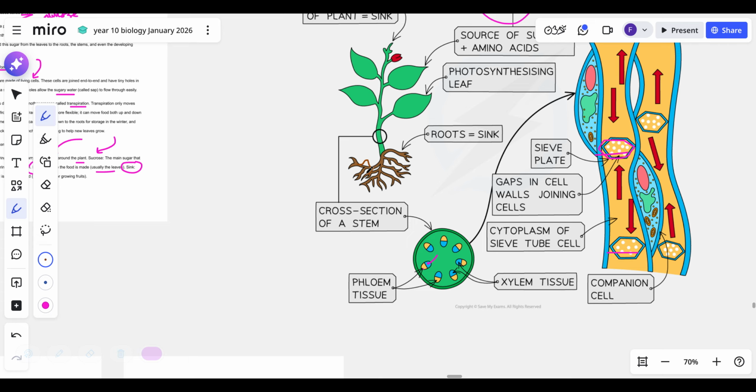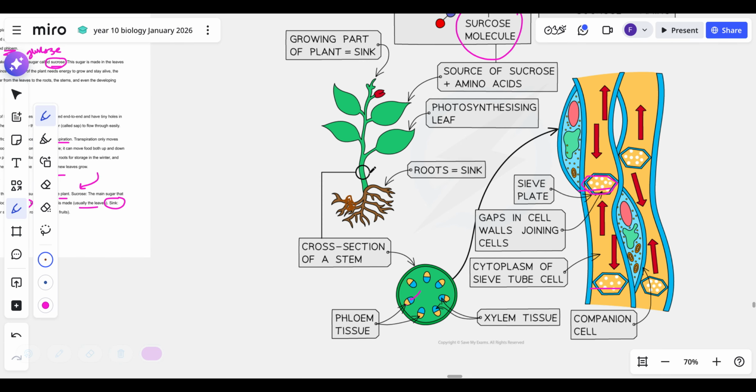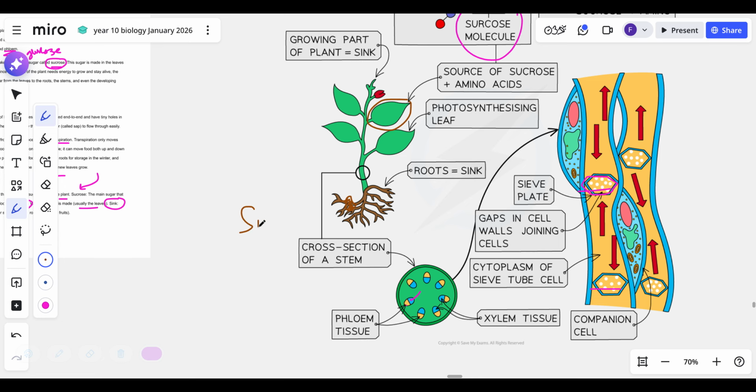So if this was a potato plant, there's a potato growing underneath. The source of sucrose is the leaves. The part that needs it, the sink, is the actual potato. So the sucrose will move from the leaf into the potato.